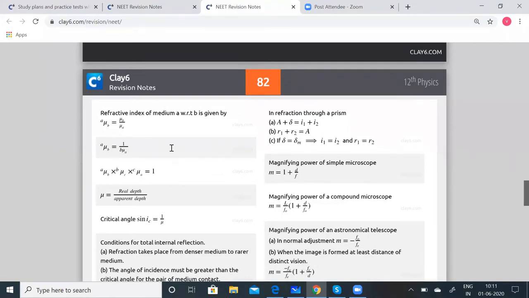R1 and R2 are the refracting angles, and R1 + R2 = A.